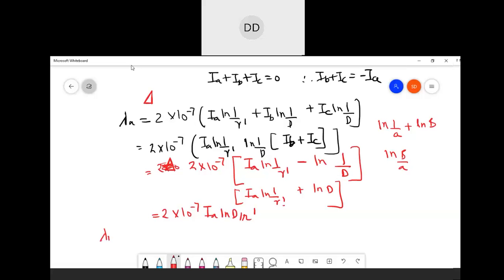Similarly for phi b and phi c we can write the same equations. Because of symmetry, we can write phi b is equal to phi c is equal to phi a.